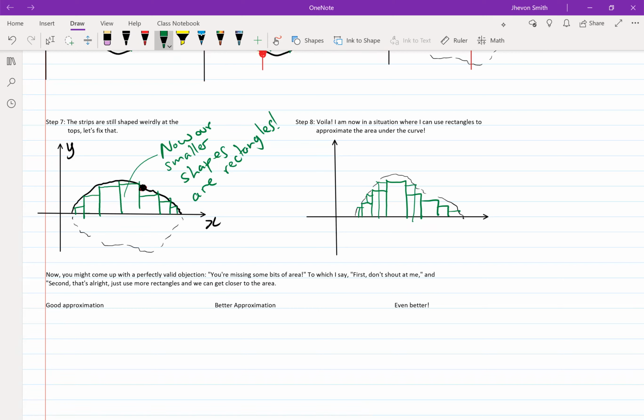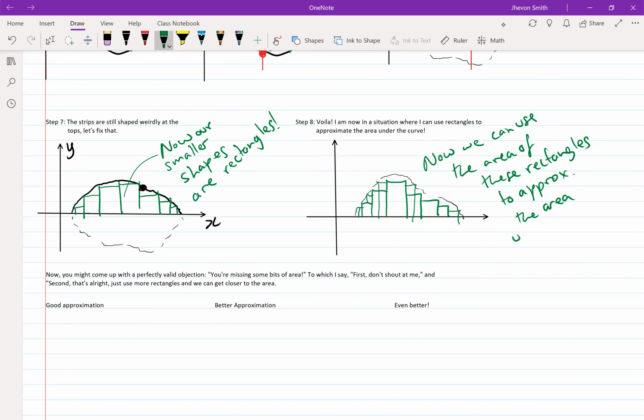Fill in the spaces a little bit more. Now we have a good thing going here.